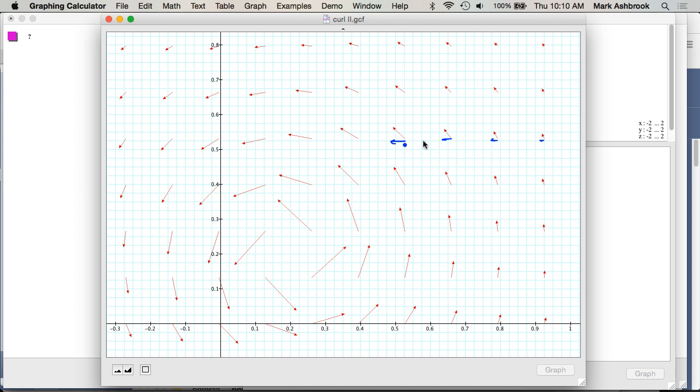So what's going on here? This minus this, okay, so it's the change in this from here to here. So is that change positive or negative?